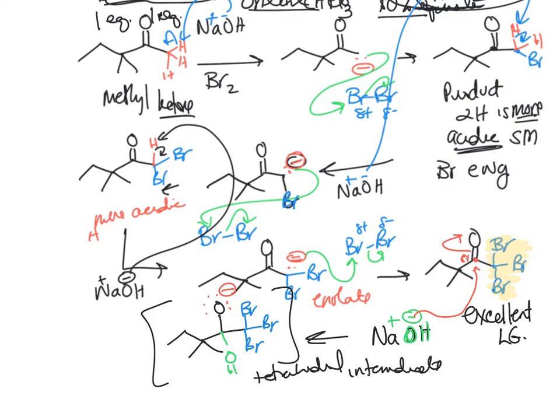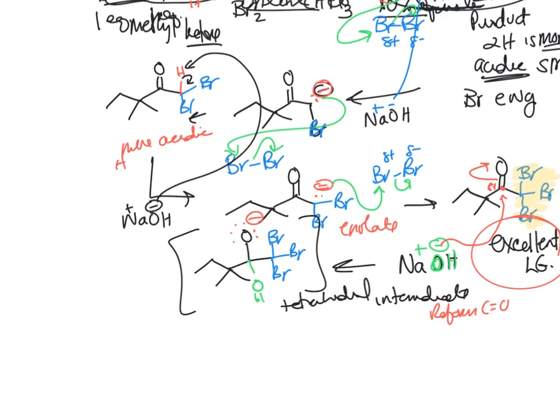And then what happens? You want to reform the carbonyl, and the CBr3 is going to be your leaving group. So let's reform our carbonyl. Those electrons will go here, and then these electrons leave. So what does that look like? OH, then you have C, Br, Br, Br, okay?